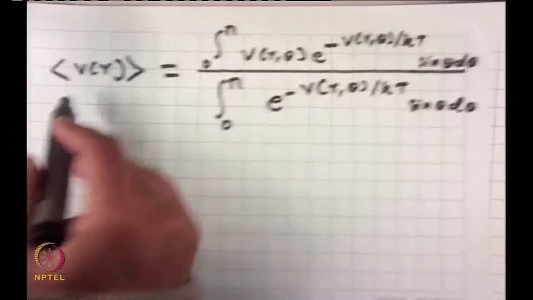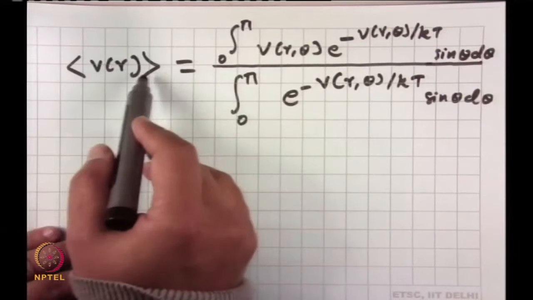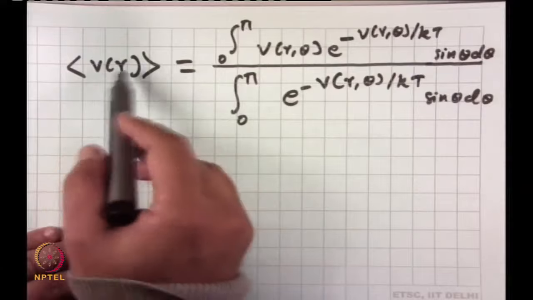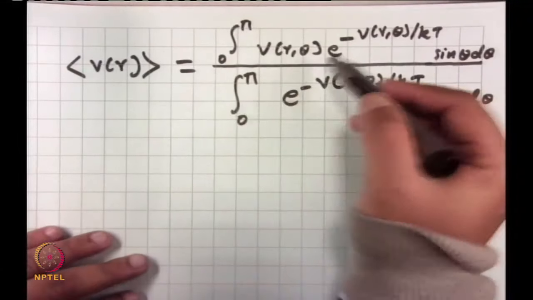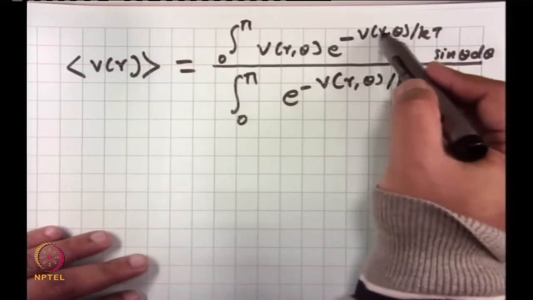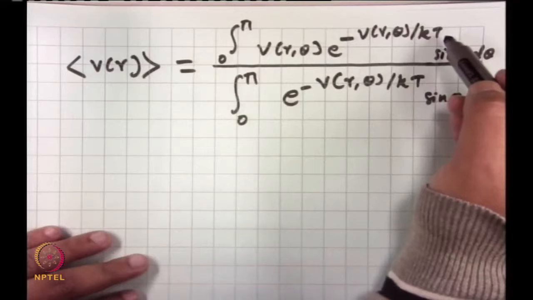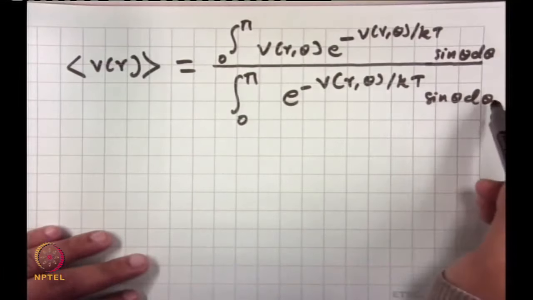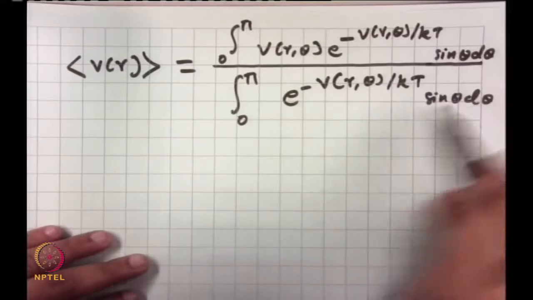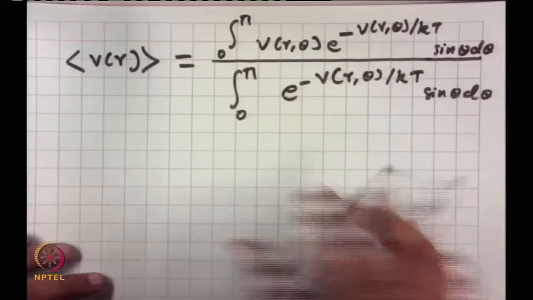So this is your average V of r. This is like your expectation value, your average value. And theta is the integration variable.